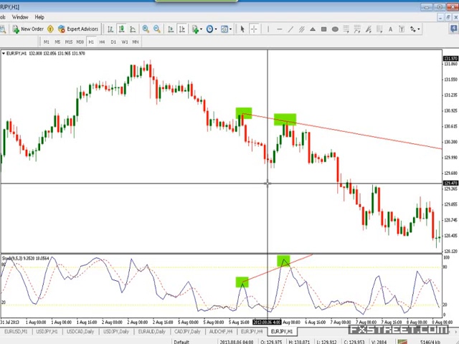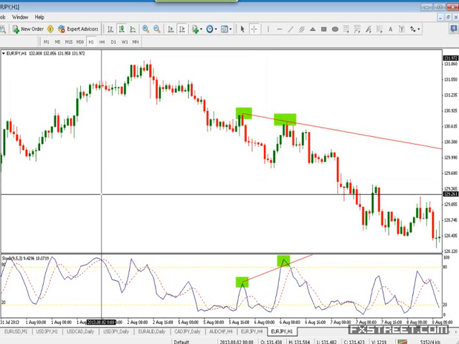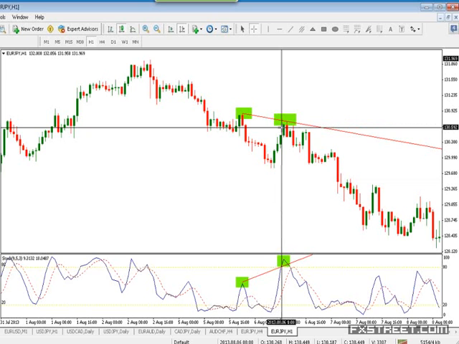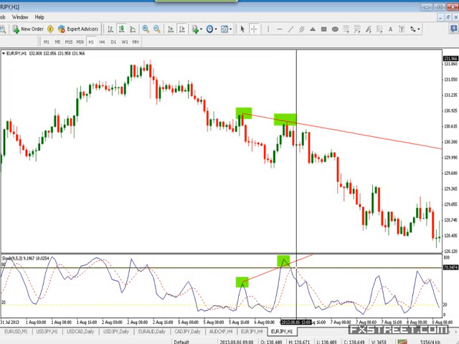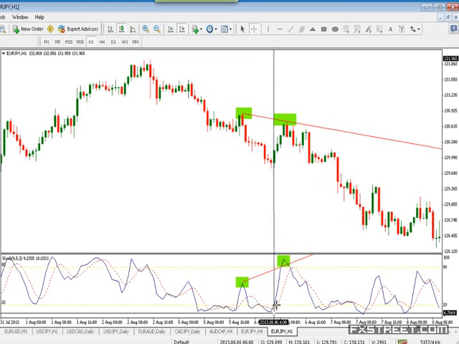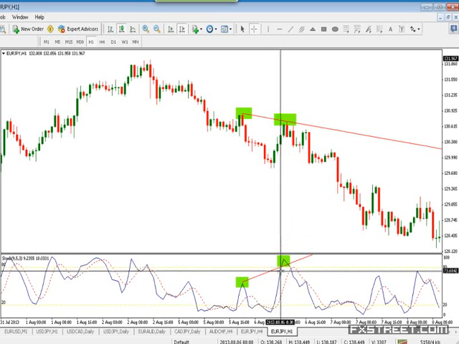Right? In an existing downtrend, your highs are going lower, your lows are going lower. Now, when you come across a situation where price makes a regular pullback, which is a lower high, and your stochastic makes a higher high, your stochastic is stretching beyond the means.